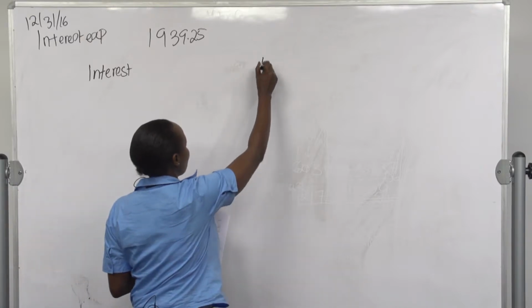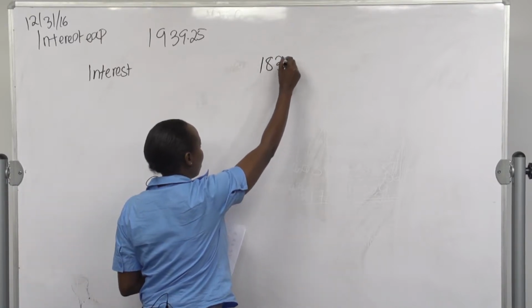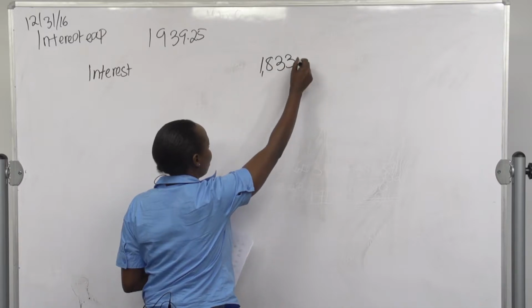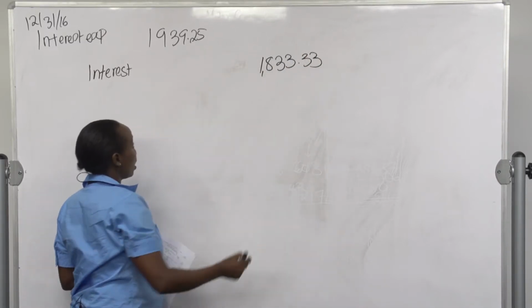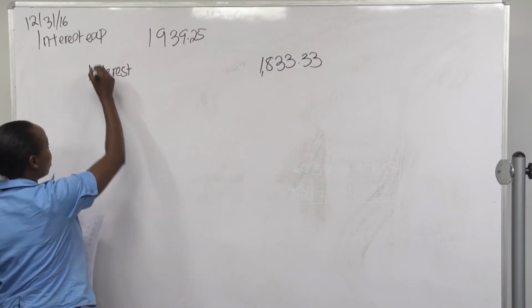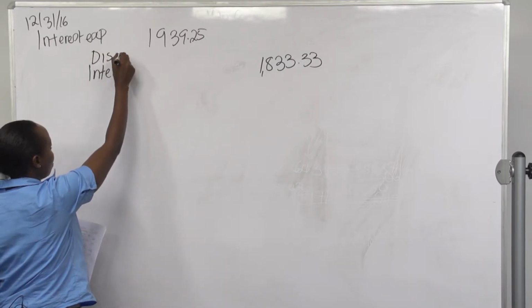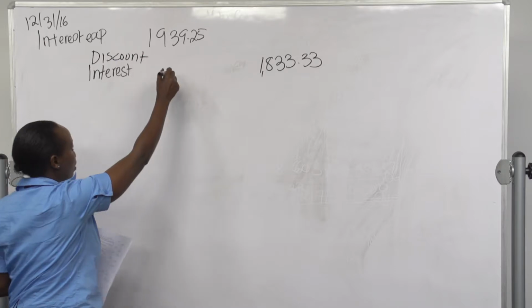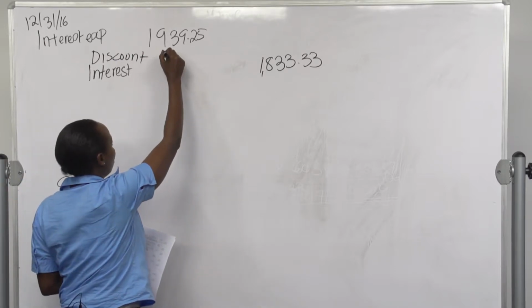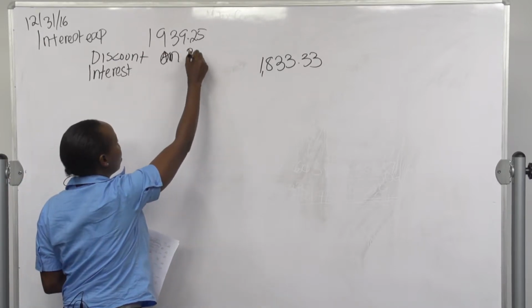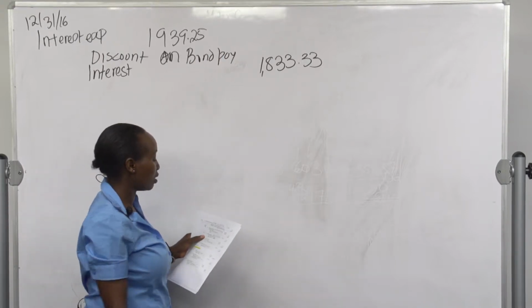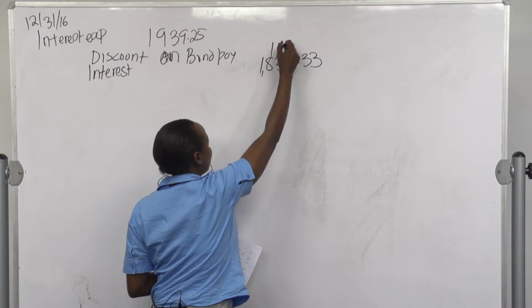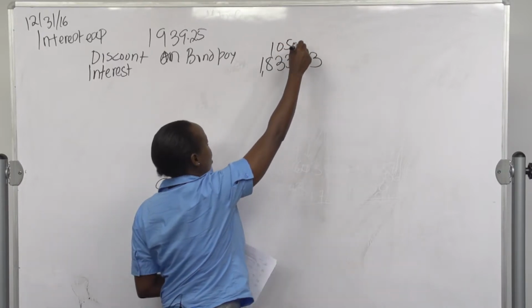So we have interest payable being 1,833 and 33 cents. We subtract this to get the amortization for the discount. So the amortization for the discount on bond payable, that difference is $105.92.